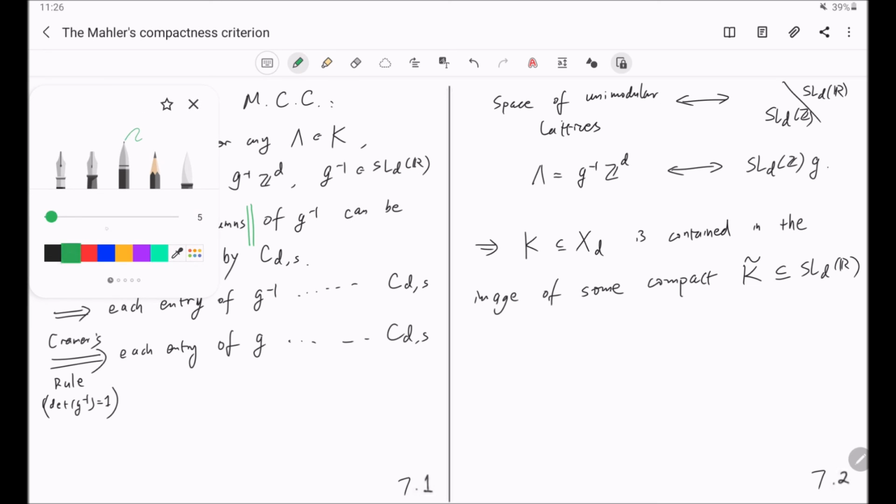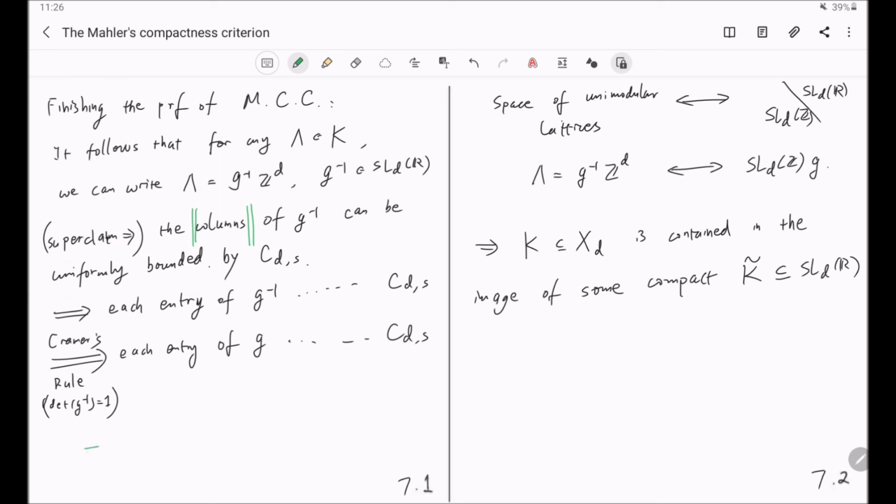So I should emphasize that this last line implies that G is contained in some fixed compact subset of SL_d(R).